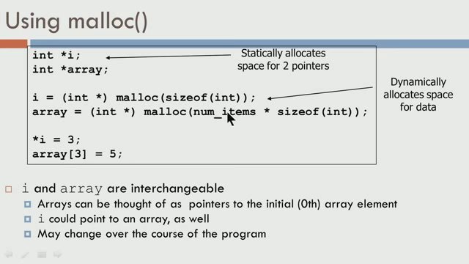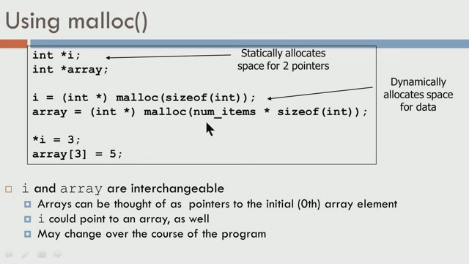You get a pointer to so many bytes which can occupy num items integers, and you get a pointer to that which goes into array. So, both I and array are pointers to integers, only that I is pointing only to one integer, whereas array is pointing to a series of locations, right, in this case num items locations.